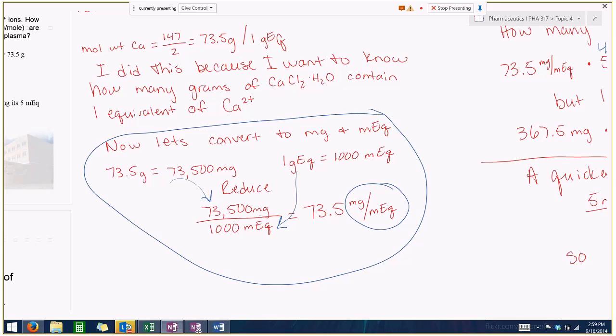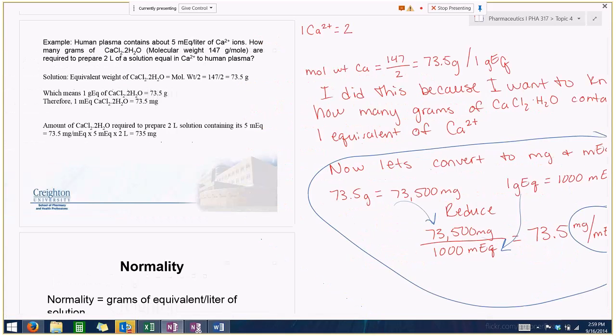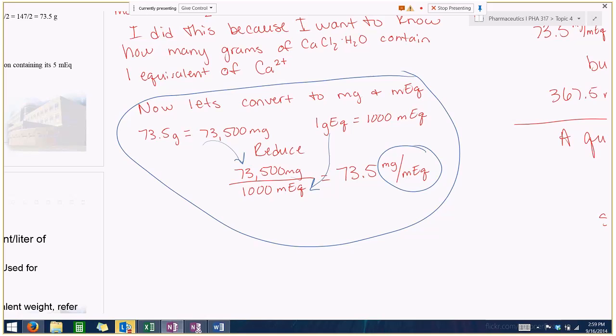The way he wrote this, someone could almost look at that and think, oh, so 73.5 grams equals 73.5 milligrams. That's not the case. The way he wrote that is kind of confusing. That's why I went and did the conversion and reduced it. Because I felt really stupid for about 5 minutes there. Yeah, that's what took me a while, and that's why I worked this all out.